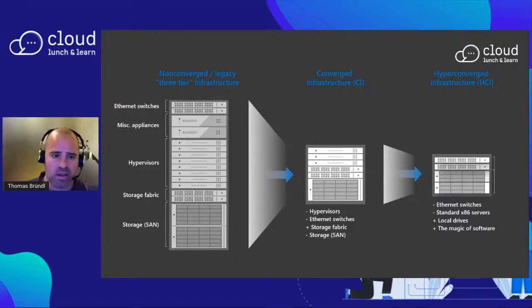I think you know these components: Ethernet switches, miscellaneous appliances like telephone systems, hypervisors for computing resources, a storage fabric, the network for the storage, and the storage SAN, the storage itself.